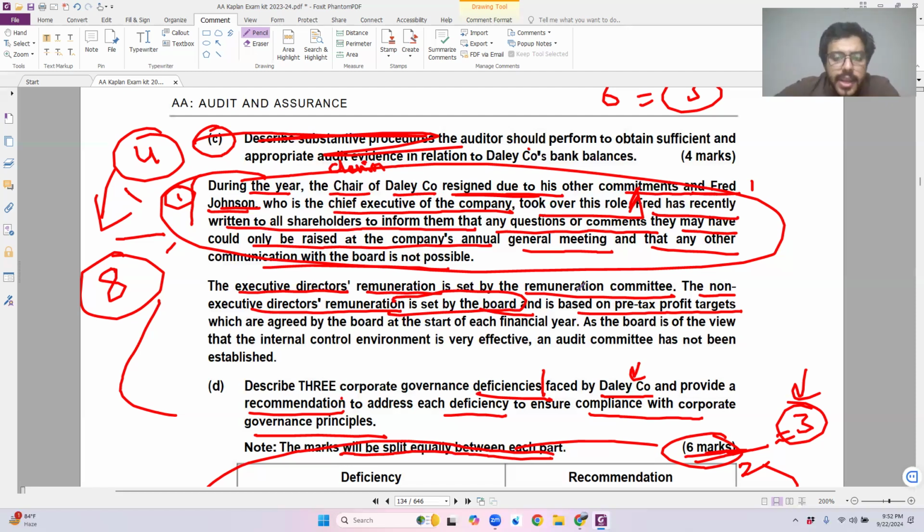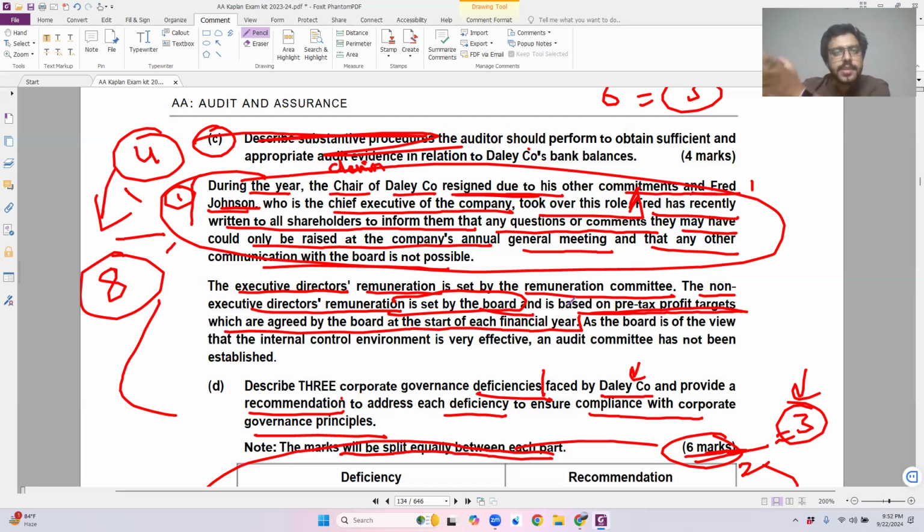The issue is the second part: why is their remuneration based upon the pre-tax profits, which are agreed by the board at the start of the financial year? So basically the non-executives are themselves deciding what targets they are going to achieve, and then they achieve those targets and give themselves bonuses based upon those pre-tax profit targets.